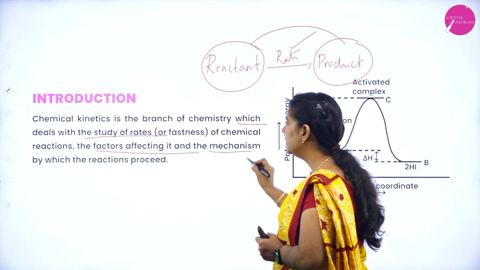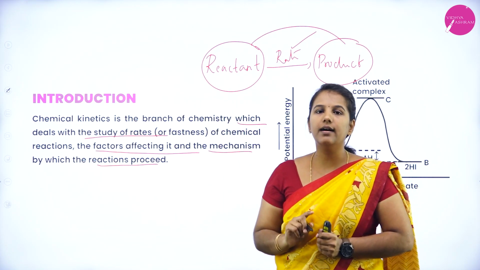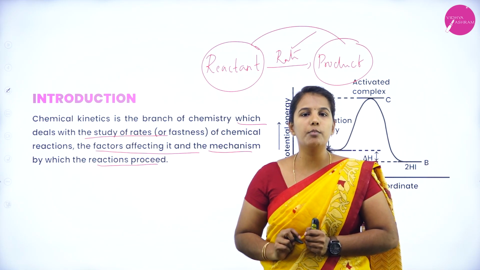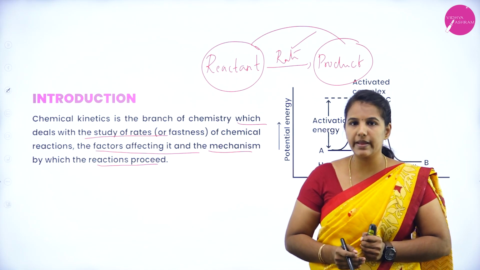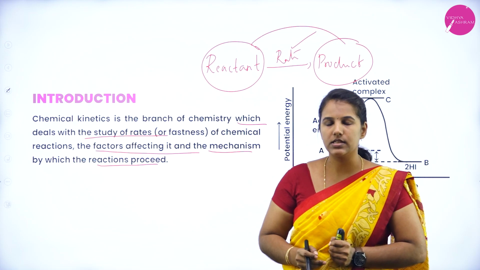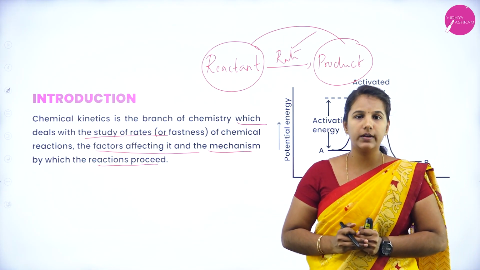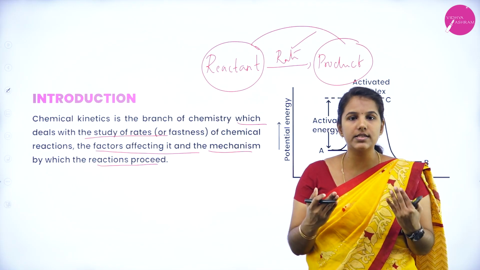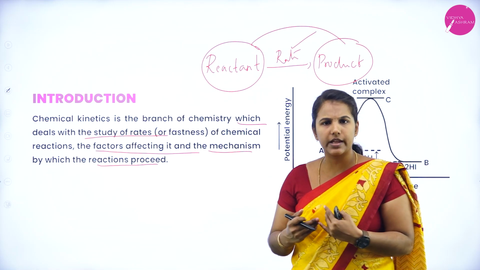And also the mechanism by which reactions proceed. Here we are going to learn mainly about the collision theory, which explains how the reaction mechanism takes place in chemical kinetics. In unit 4, we are going to understand the rate of the reaction for the zero order, first order as well as the second order.